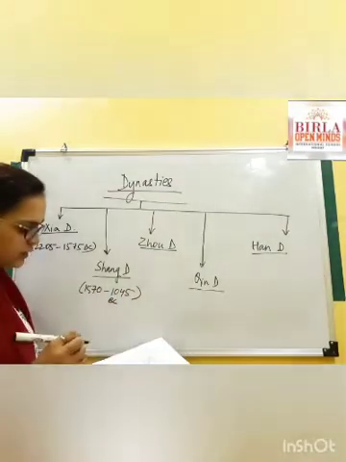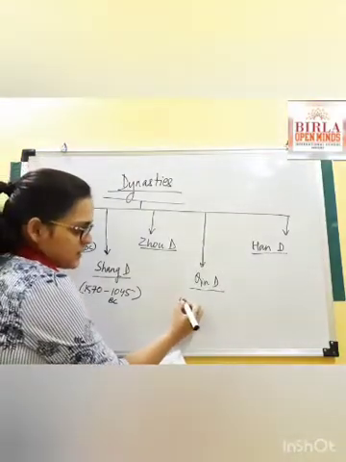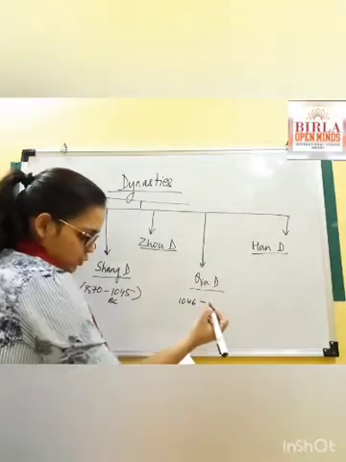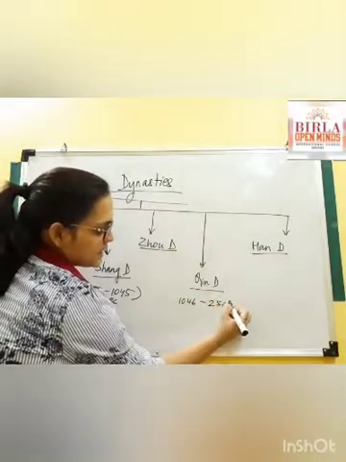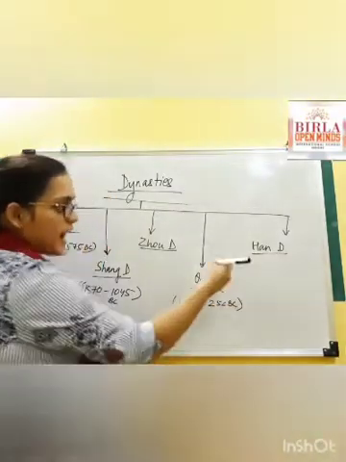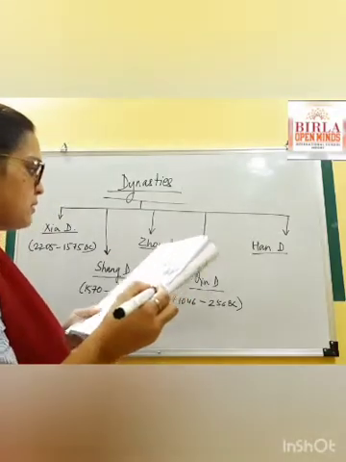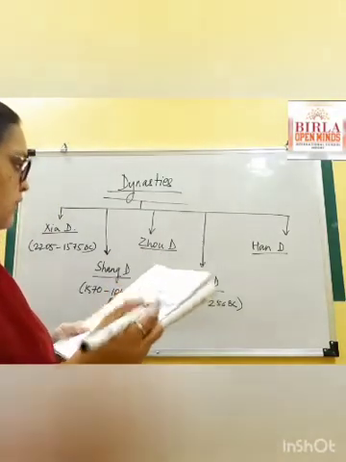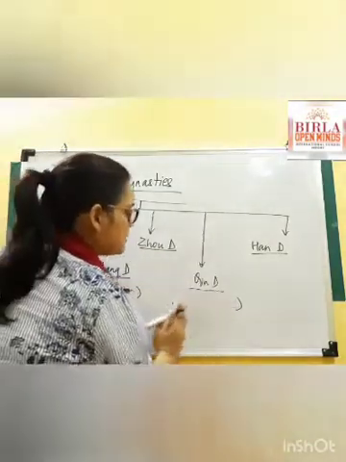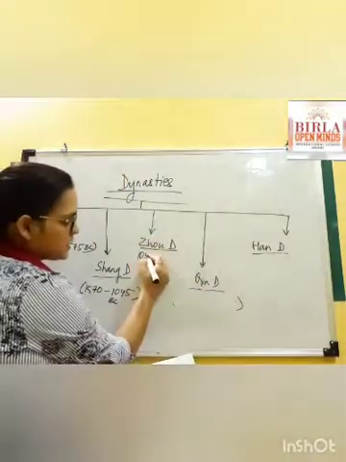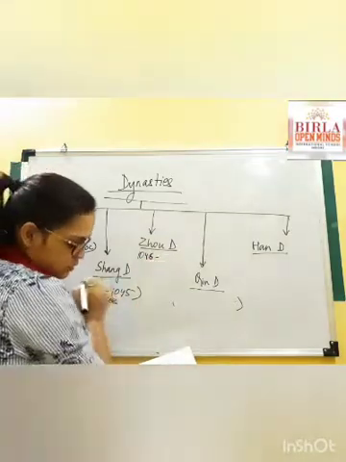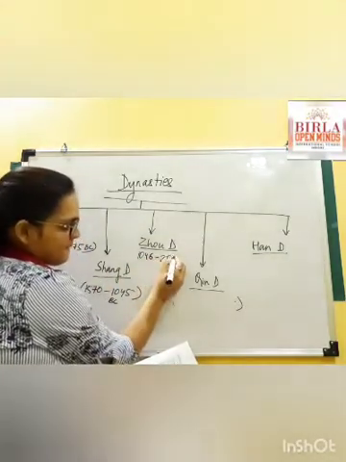Now the Zhao dynasty was from 1046 to 256 BC. Okay, sorry, this is the Zhao dynasty, 1046 to 256 BC.